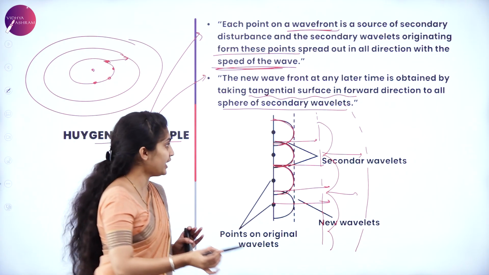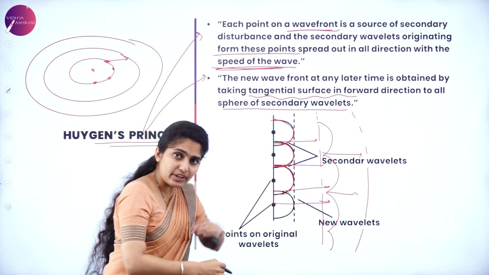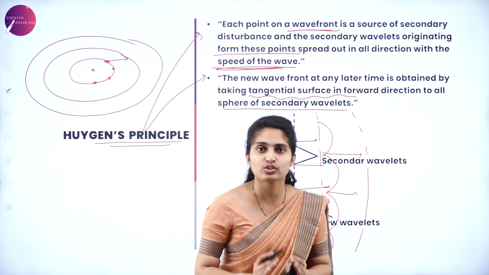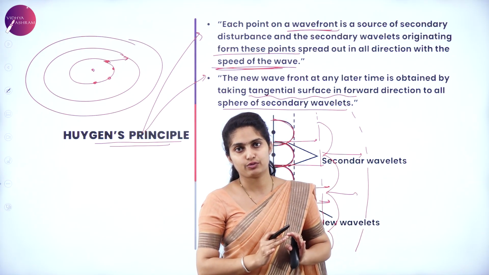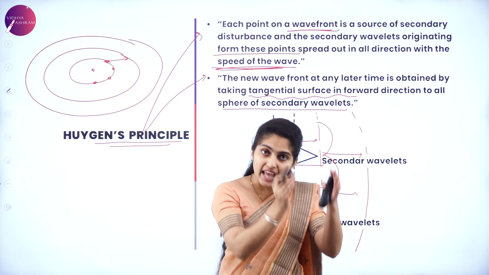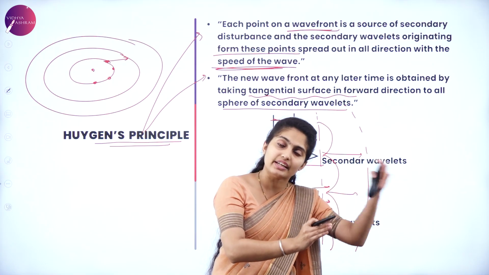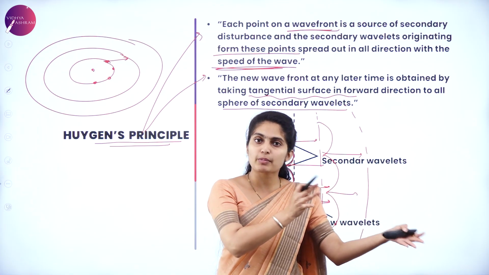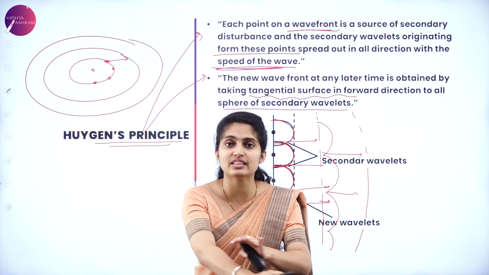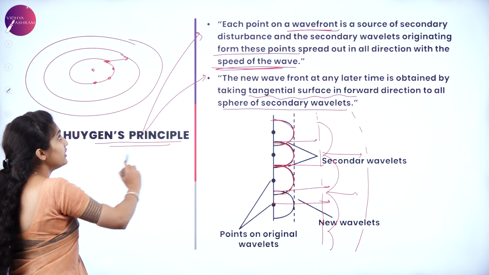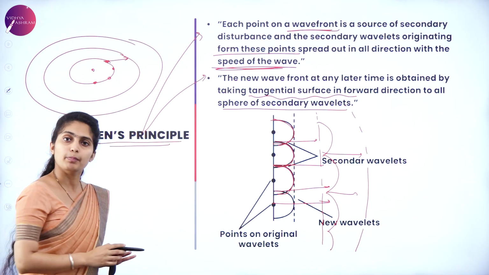So the preceding wave acts as a primary source for the secondary wave to form. Whichever secondary wave is already formed acts as a source for the next, upcoming wave. So after the formation of a new wave front, it spreads in all directions. This is the principle given by Huygens in two points.